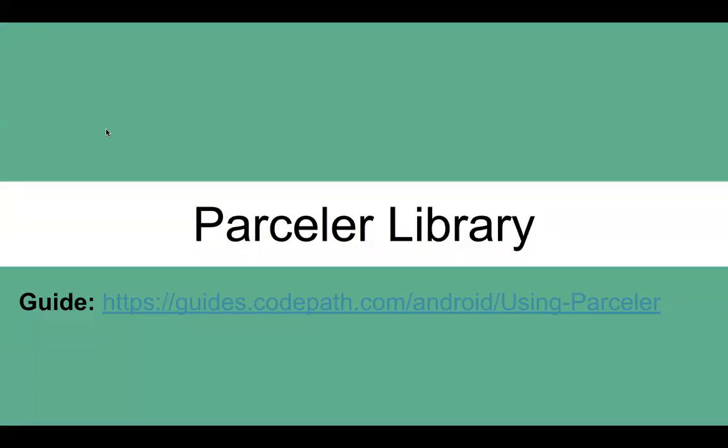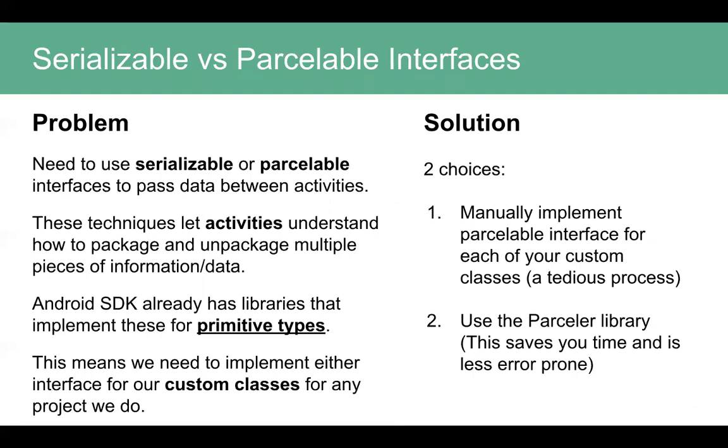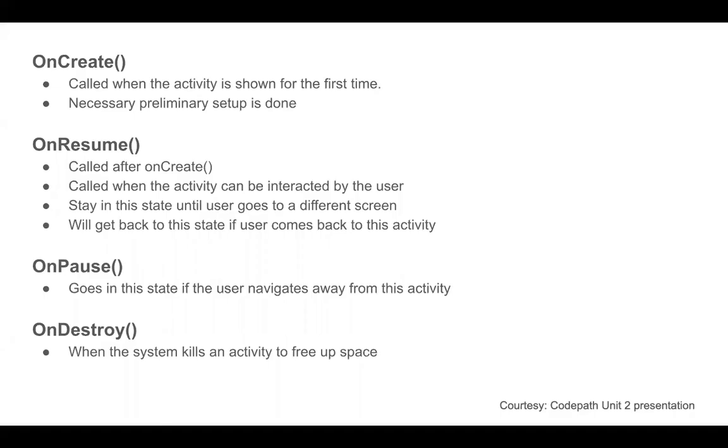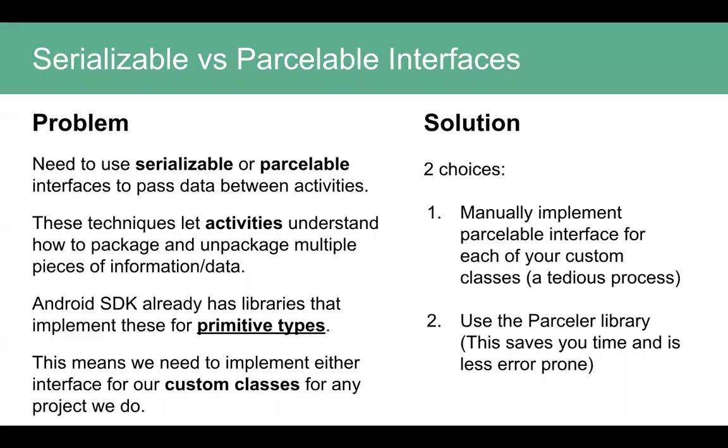So what's a parcelable library? One of the things, as I said before, in the activity lifecycle, is that you are going to move from screen to screen, right? And sometimes that might entail that you need to move data from a particular activity to another activity to display the data over there.